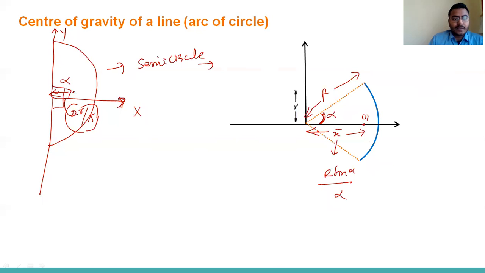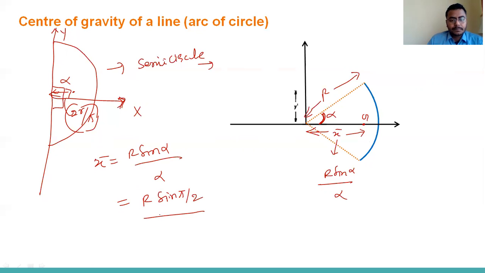Like this, we can calculate from this relation also. So see, x bar is r sine alpha divided by alpha. Alpha we have to take 90 degree, means pi by 2. So r sine pi by 2 divided by pi by 2.